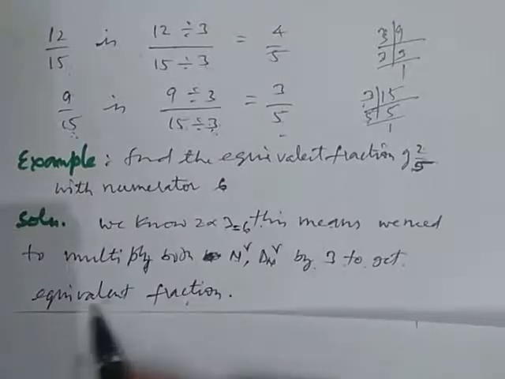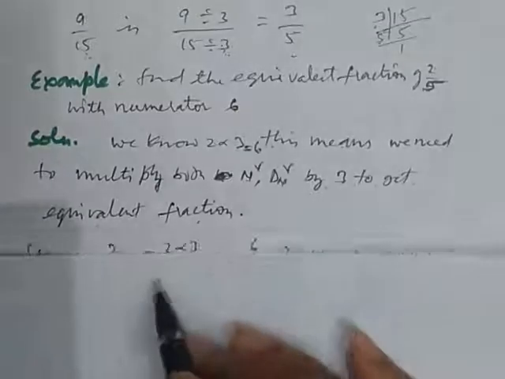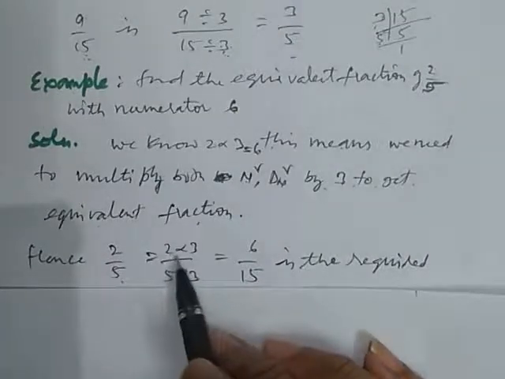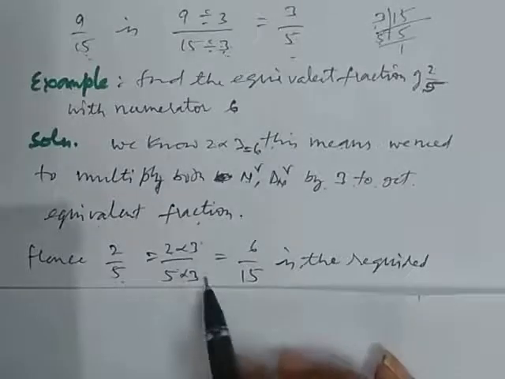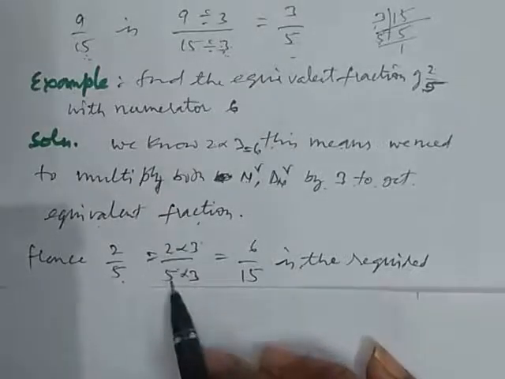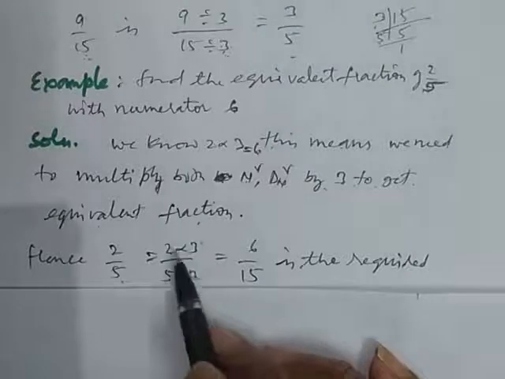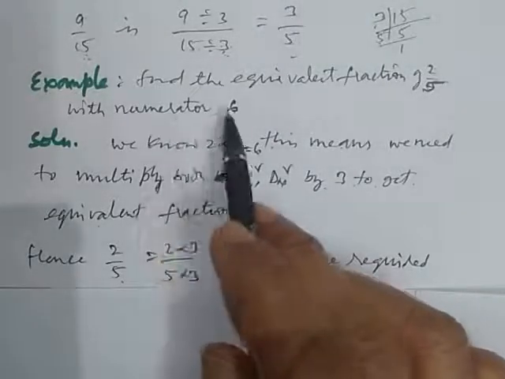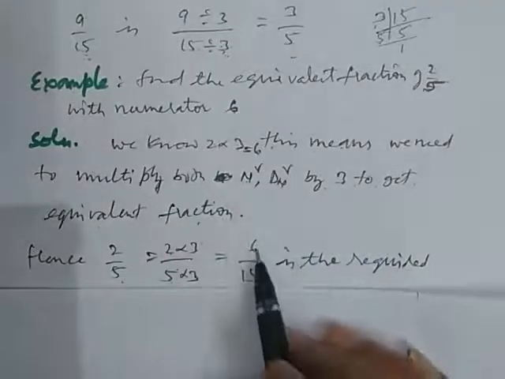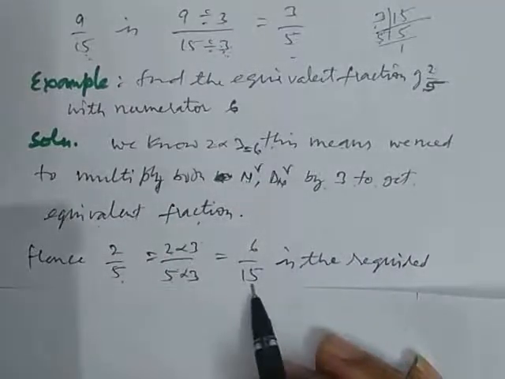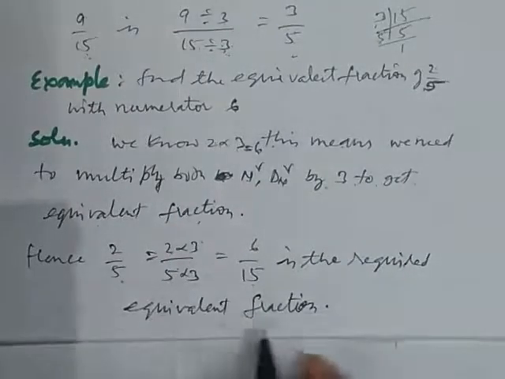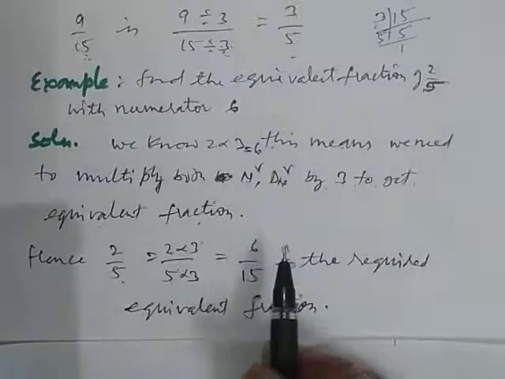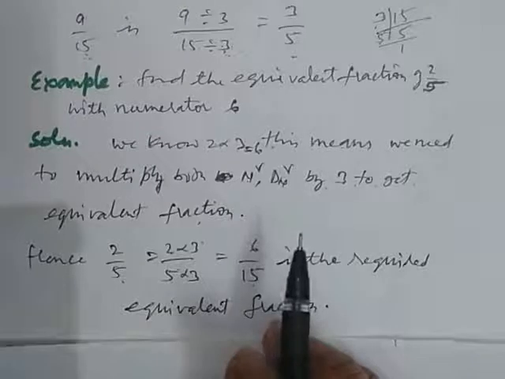So 2 by 5 can be written as 2 into 3 over 5 into 3, which gives 6 by 15. The condition that the numerator must be 6 is fulfilled. So 6 by 15 is the required equivalent fraction. This way you can solve the problems of the exercise.